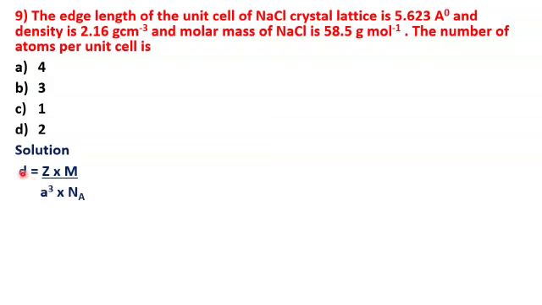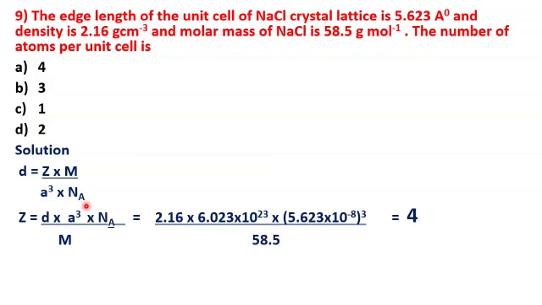So we are having density formula, that is d is equal to z into M divided by a cube Na, where z is the number of atoms, M is the molar mass of the crystal and a is the edge length of the unit cell and Na is the Avogadro number. So you can rearrange this equation for z. So z becomes equal to d into a cube into Na divided by M. So here substitute all the values.